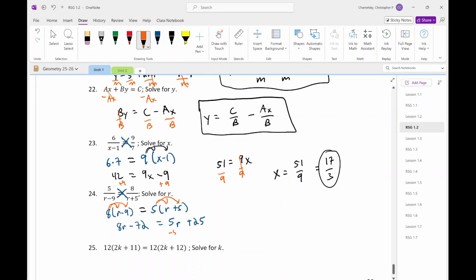I'm going to subtract 5r from both sides to collect the r's. So now we have 3r minus 72 equals 25. Go ahead and add 72 to both sides. So then we get 3r equal to 97.